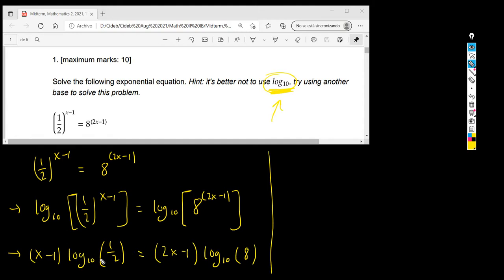Now the problem is that I cannot calculate logarithm base 10 of 1/2 quickly or directly or without a calculator. That's the problem in quotation marks. And neither can I calculate this. So let's continue. I'm going to do some algebra here. I'm going to write this.